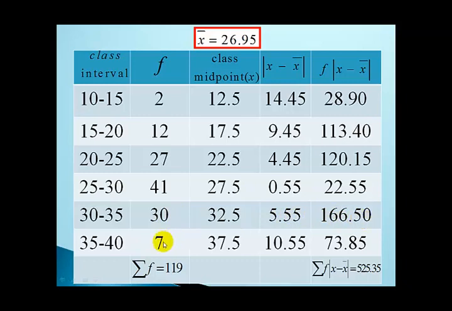And 7 times 10.55, we have 73.85. Now we also sum. So 28.90 plus 113.40 plus 120.15 plus 22.55 plus 166.50 plus 73.85 is equal to 525.35.